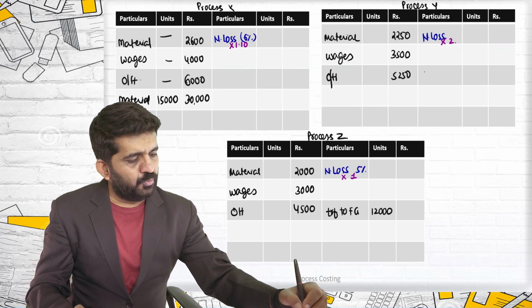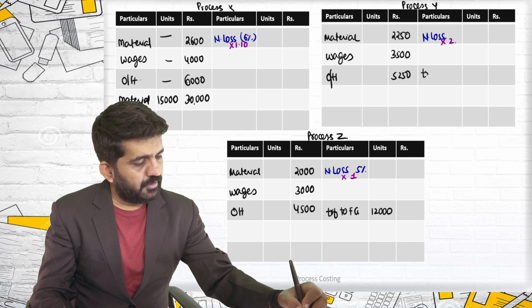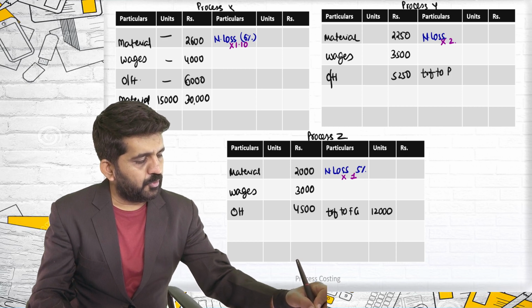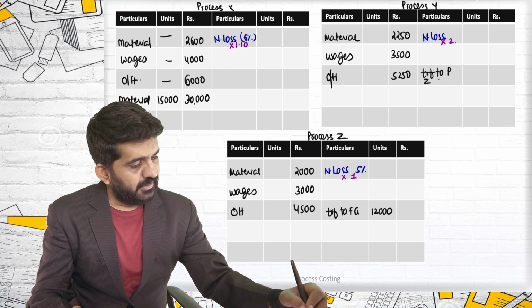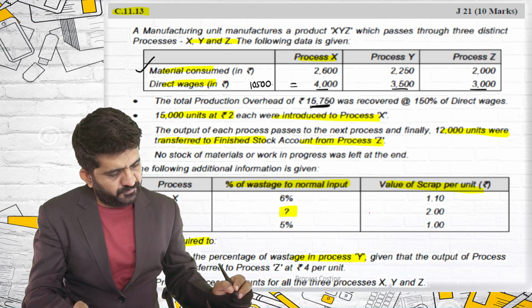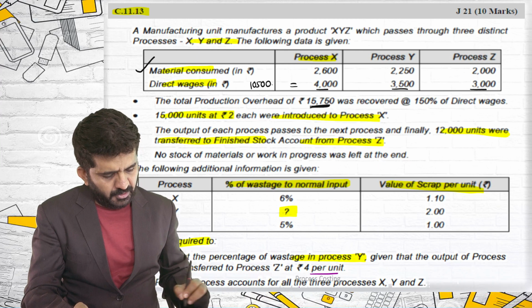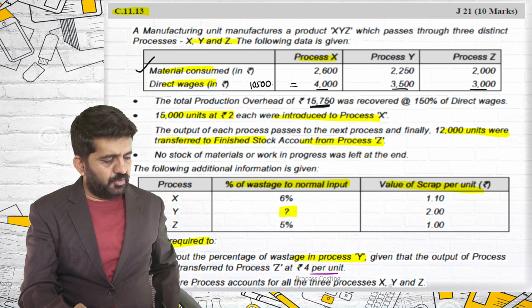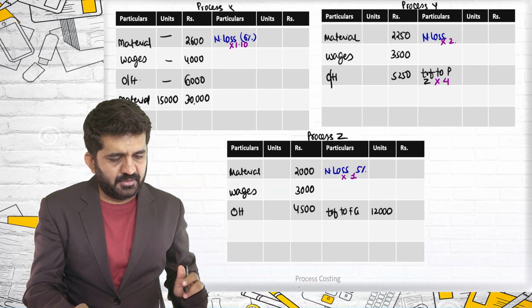So Y to Z is transferred at the rate of 4 per unit. Prepare process account for all three processes X, Y and Z.